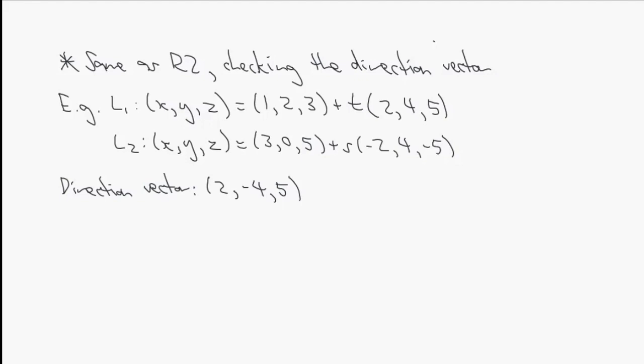So as you can see, (-2, -4, -5) is basically just (2, 4, 5) times -1, which makes it equal to (2, 4, 5). With that knowledge, we can obviously tell that L1 and L2 are parallel with each other.